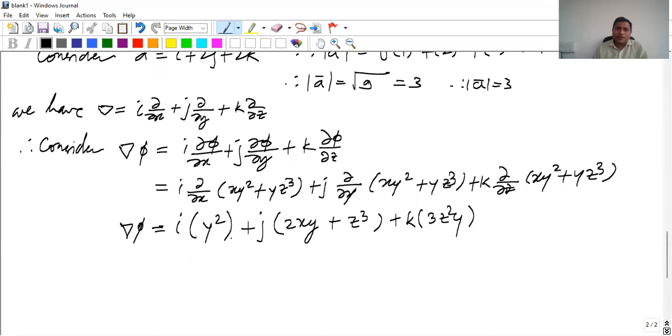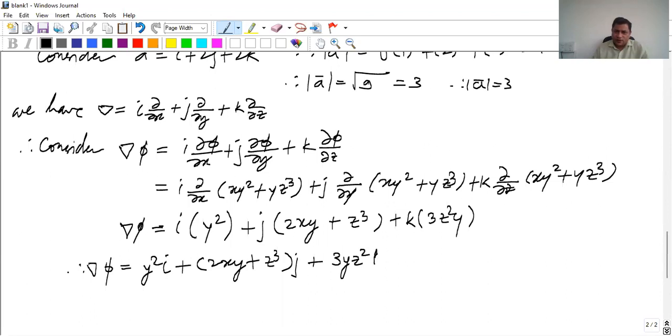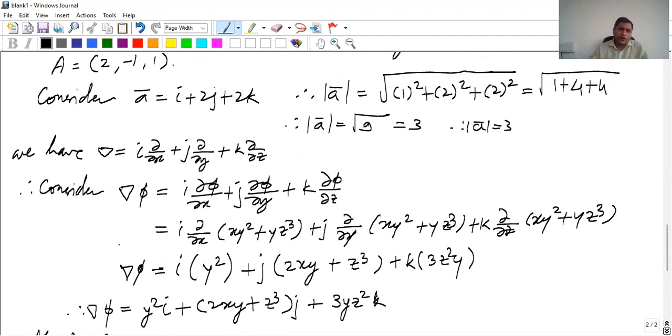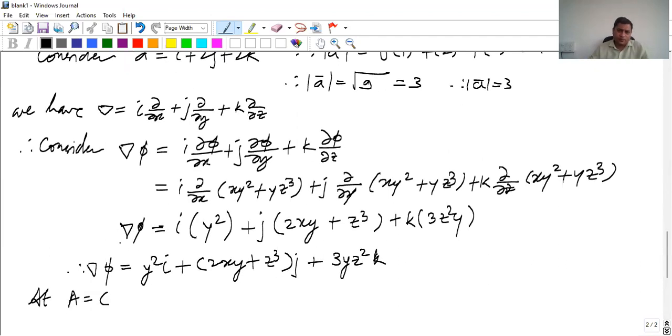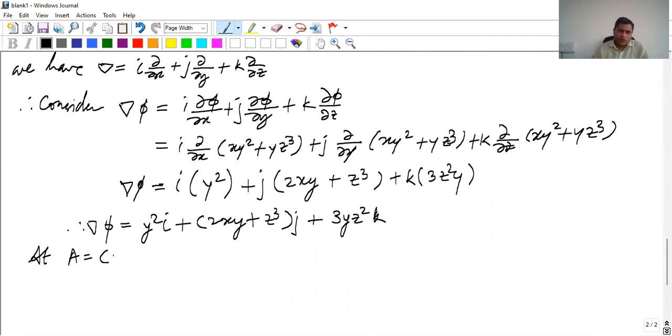Are you getting these derivatives? Yes, sir. So we got del phi equal to y square i plus (2xy plus z cube) j plus 3yz square k. Now at A, what is the point given? 2, -1, 1.